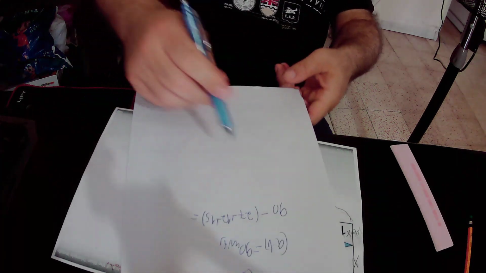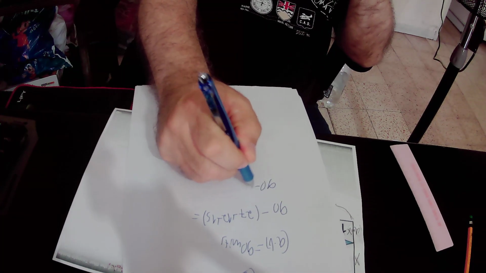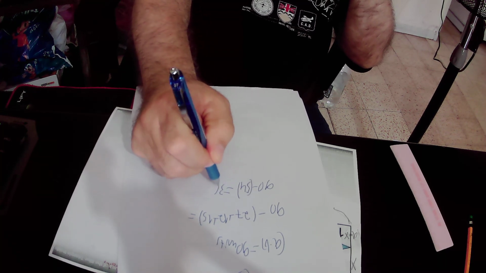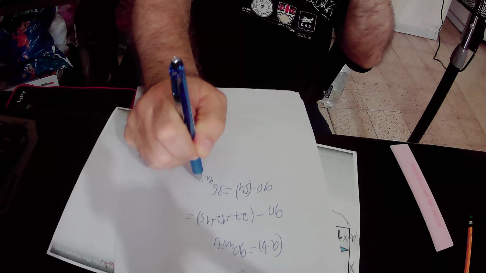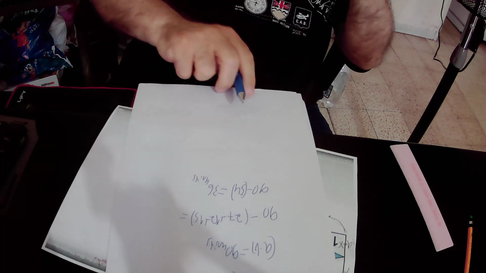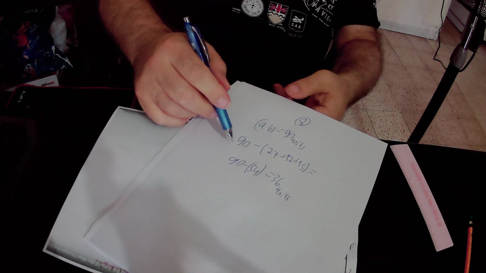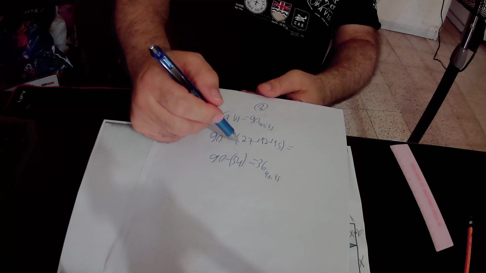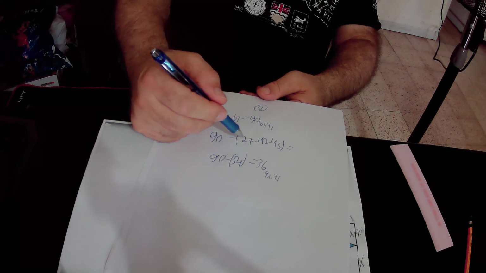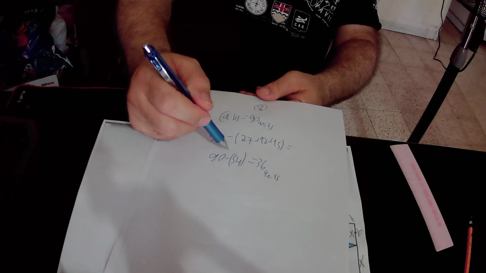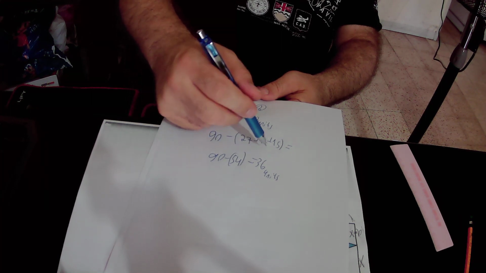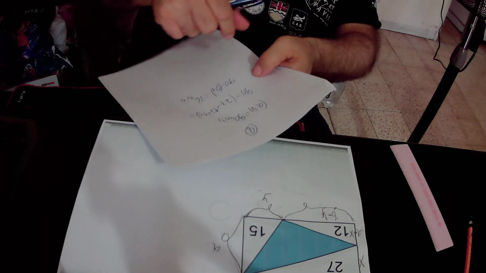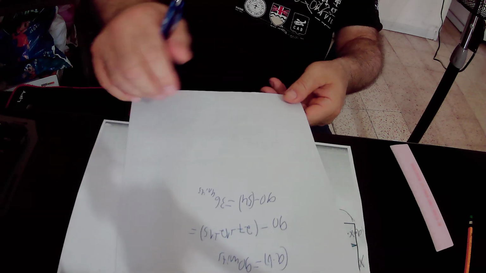So it is actually 90 minus 54 equals to 36 units. So the area of the rectangle minus the sum of the areas of the three right triangles is 90 minus 54. That equals to 36 units. So the area of the blue triangle equals to 36 units.